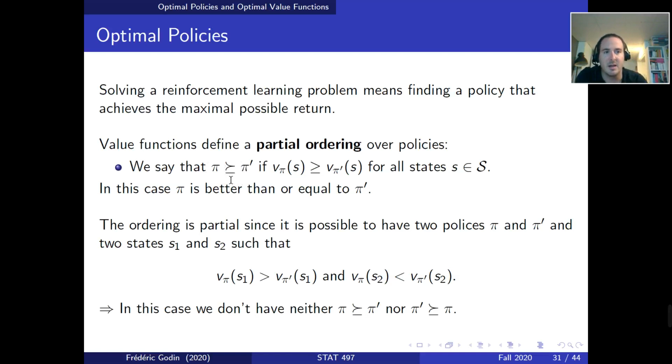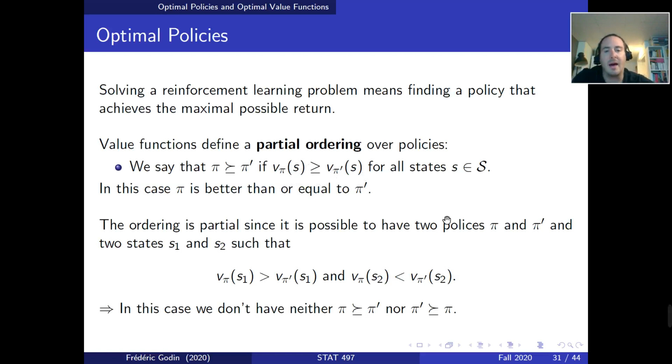It just means has a higher order. So pi has a higher order than pi prime if for all states S in the set of states, the value for policy pi of state S is greater or equal than the value of the policy pi prime for S.